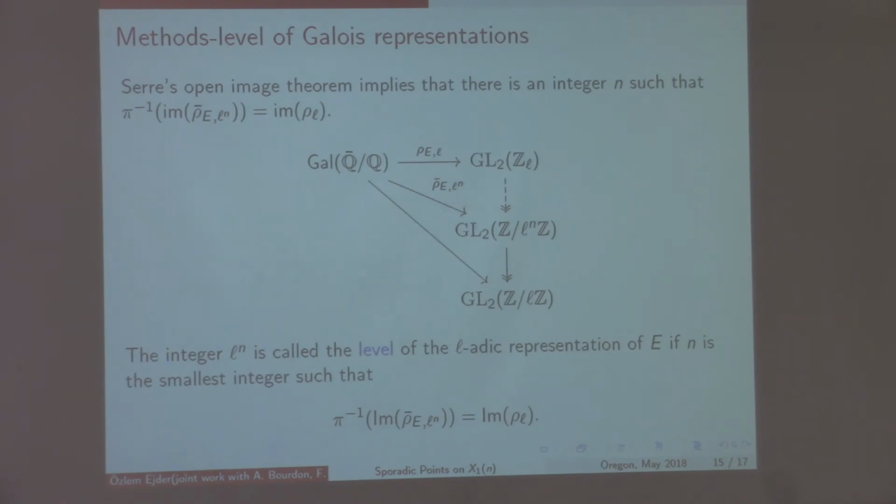And so what this says here is that if I look at the image of the Galois group modulo l^n, if I take the inverse image of that, this is Serre's theorem, part of Serre's open image theorem, that there exists some n such that the inverse image under pi of the image of the Galois group will be the image of the Galois group above one level.